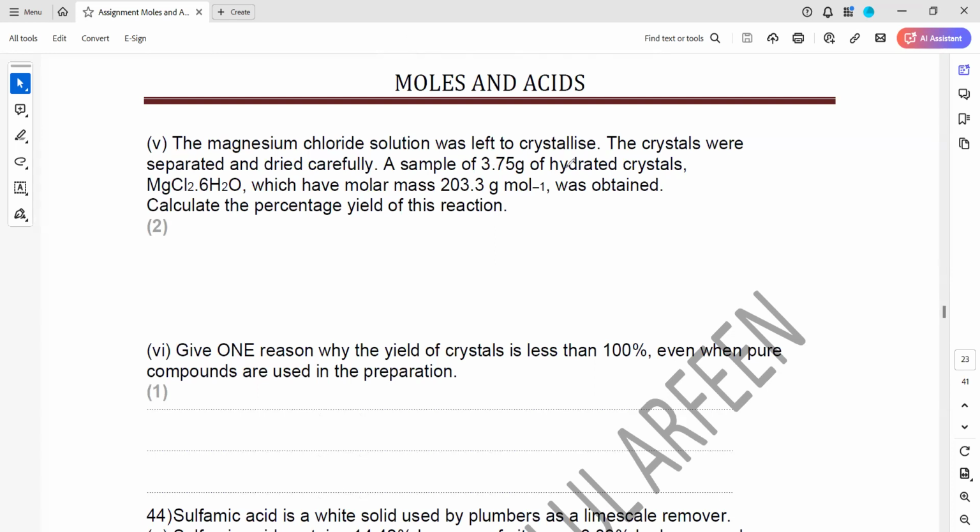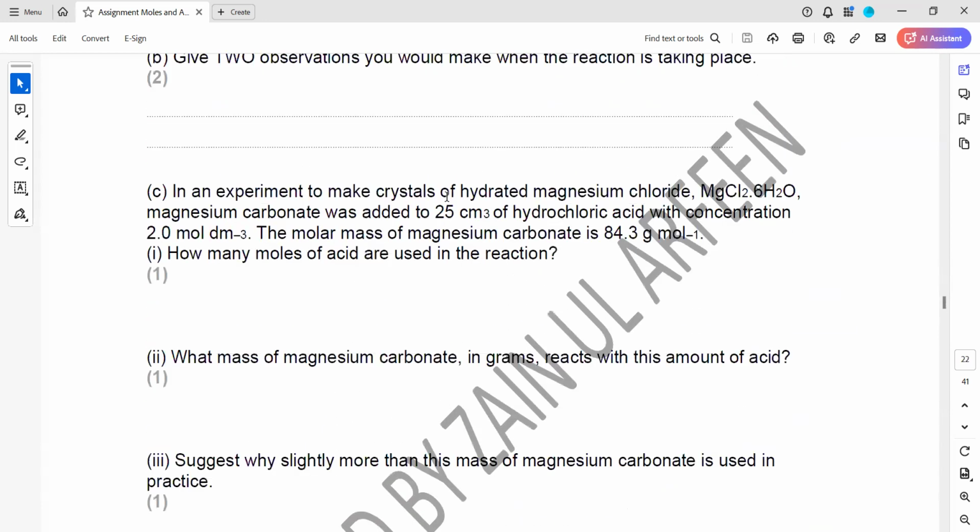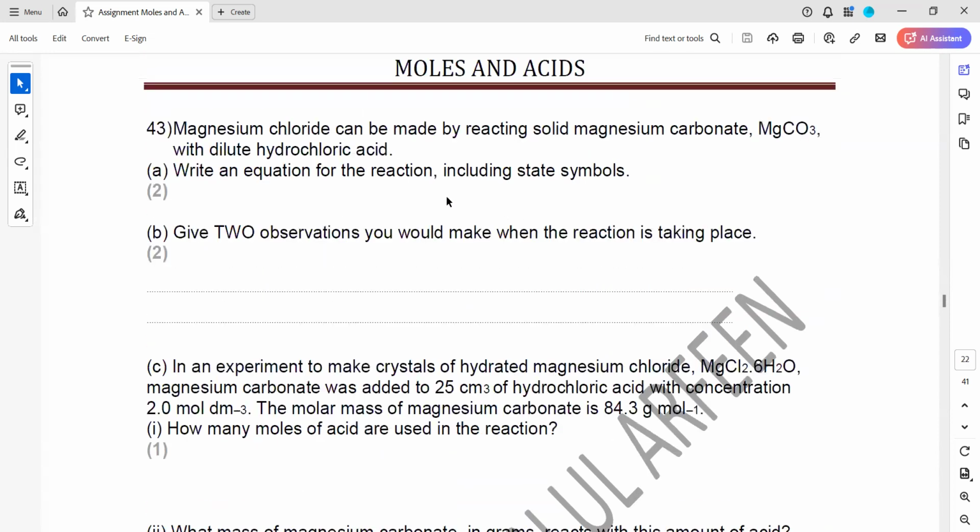So we have the practical value: 3.75 grams is the practical value. We need the theoretical value. So after we get the moles for magnesium chloride, initially we had moles of hydrochloric acid.